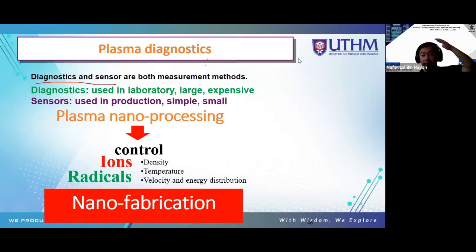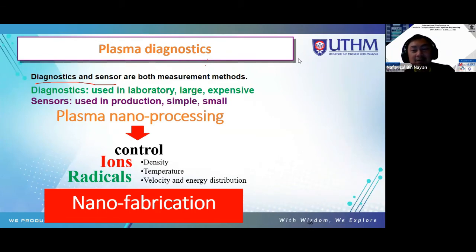So for example, we have a lot of sensors, right? If you have a smartwatch, it has a sensor to sense your pulse rate, right? It can also sense a lot of other things. I don't have a smartwatch, but there are a lot of sensors inside.